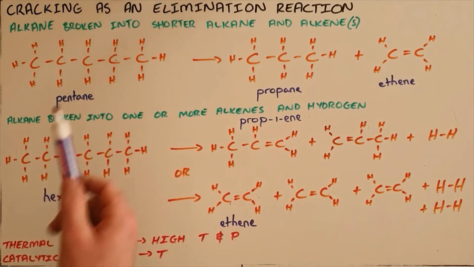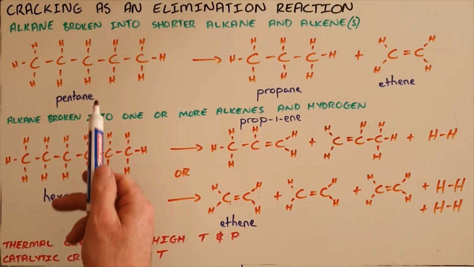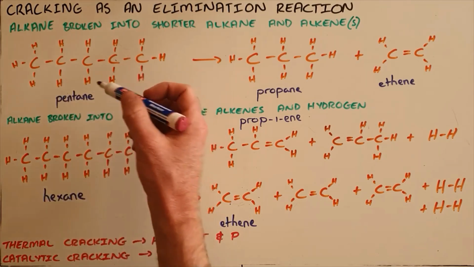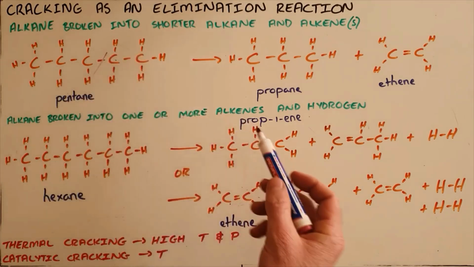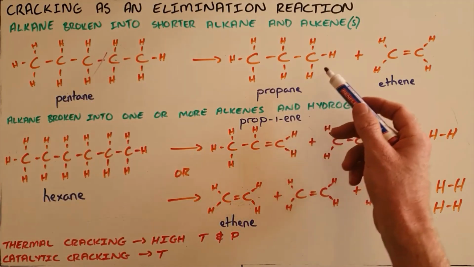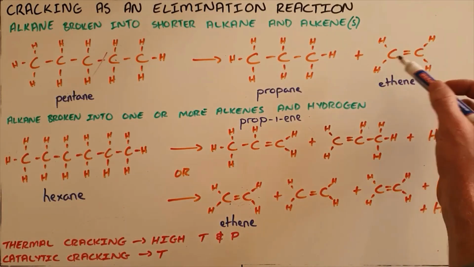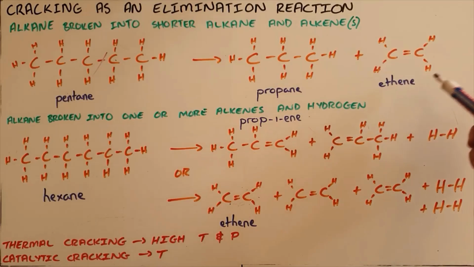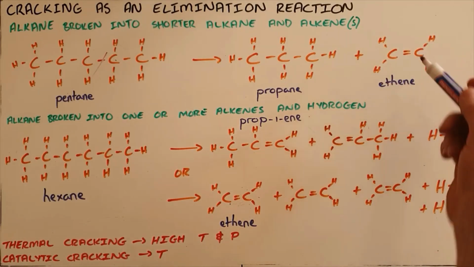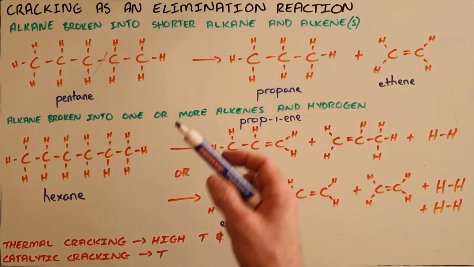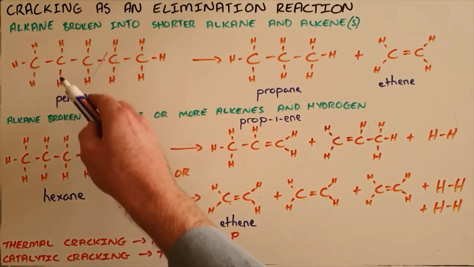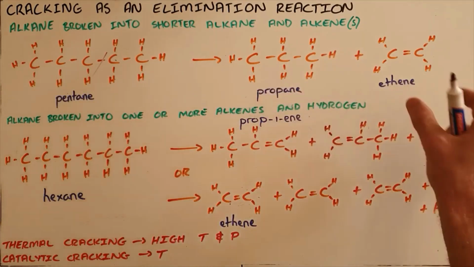As an example here, we have pentane that under the right conditions is broken into a propane molecule, and then because there is now a shortage of hydrogens, the shorter chain, in this case the ethene, forms a double bond.